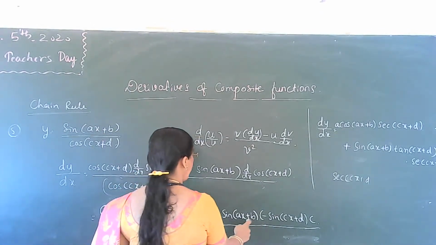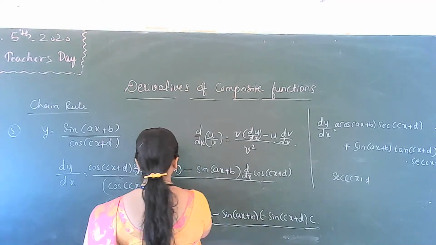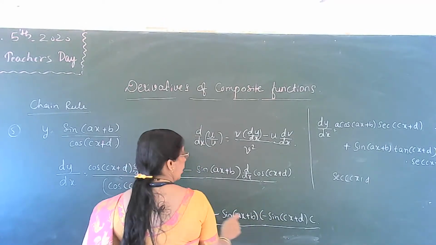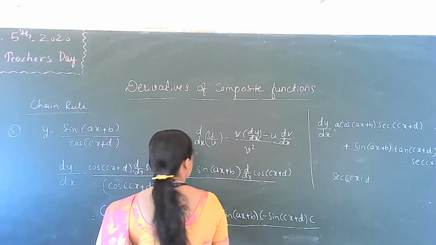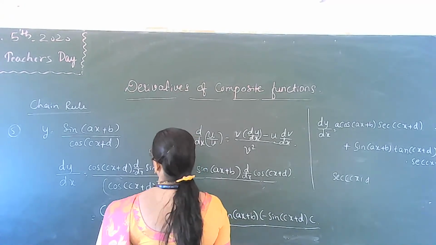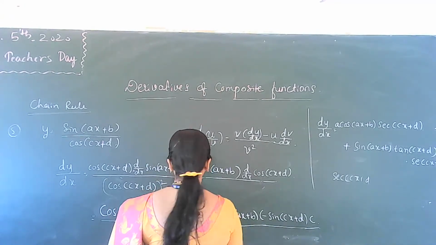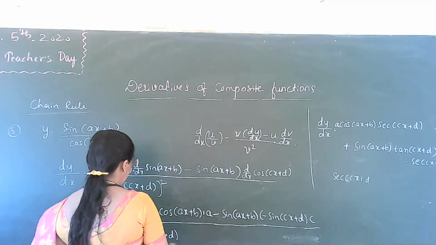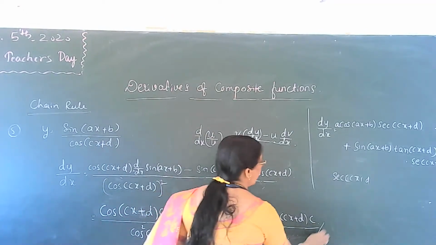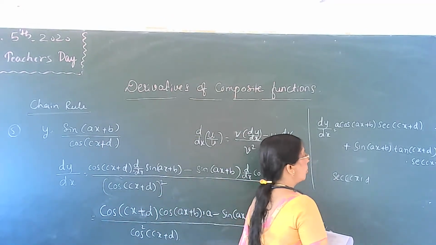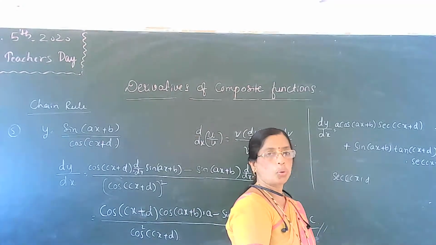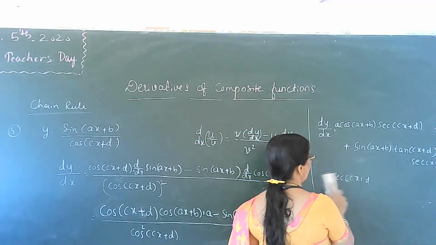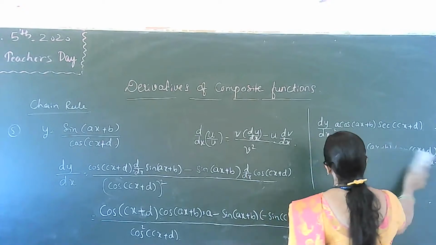Then minus sin of ax plus b into the derivative of v. V is cos of cx plus d, the derivative is minus sin of cx plus d. Then you leave this only. Okay. If you have interest to simplify, you can simplify this.